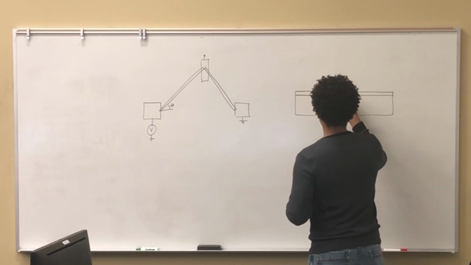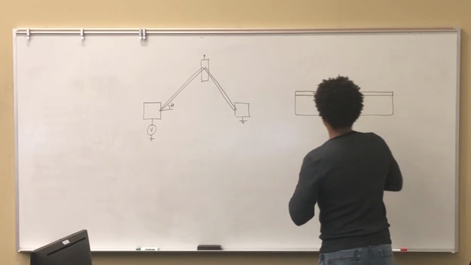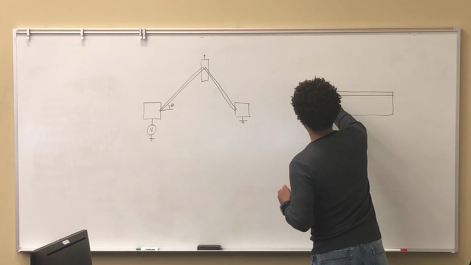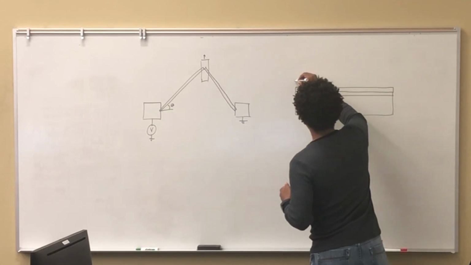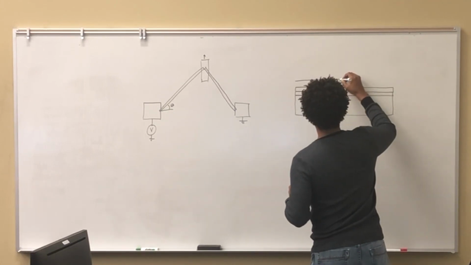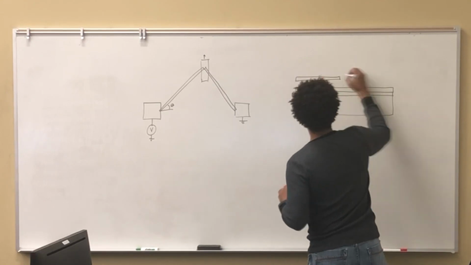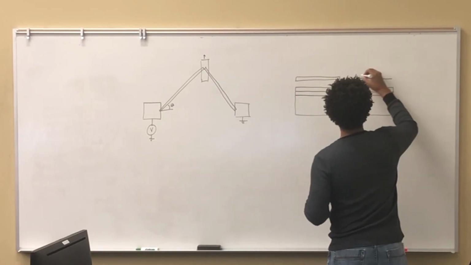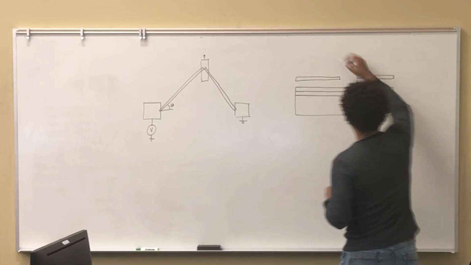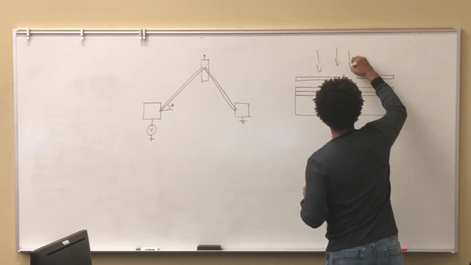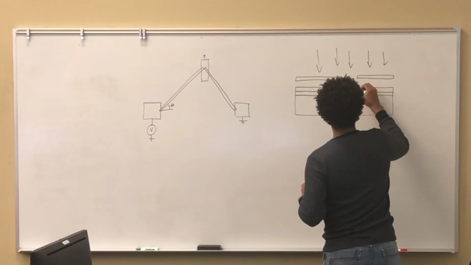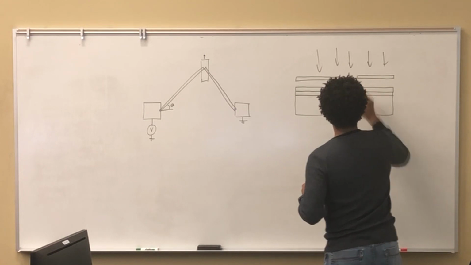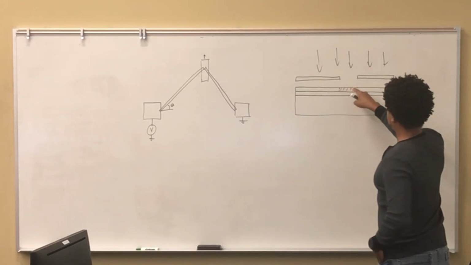So let's say this is silicon dioxide, and what you want to do is put on maybe some photoresist over that. And then let's say you have a mask, and then you want to shine some light through that mask in order to break some of the bonds. So light's coming down, and then the light is shining in this area right here. Okay? These are the bonds that are affected.